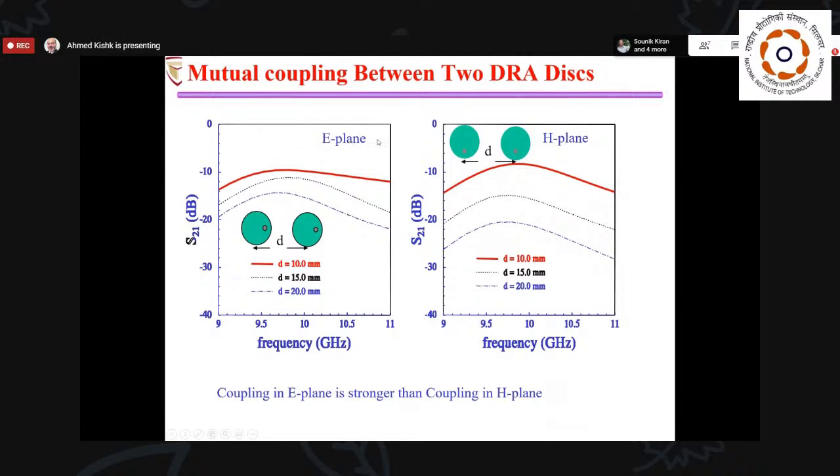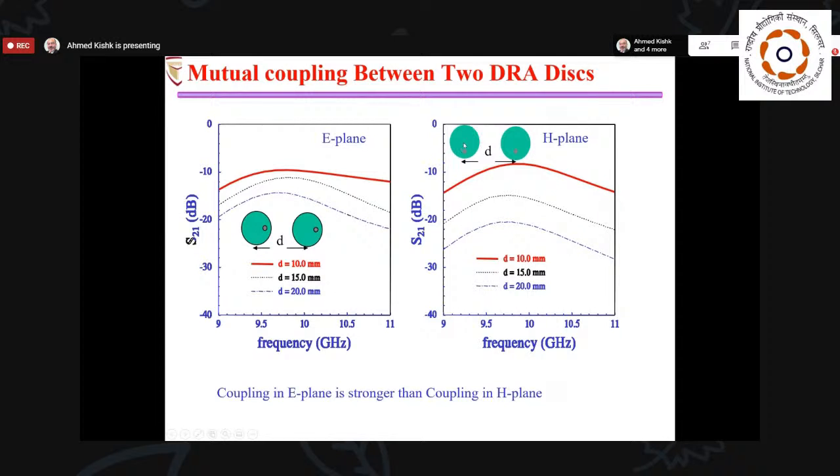And here, this is the E-plane arrangement, where the polarization is along the line between the two resonators. And here, we have looked at different center-to-center distances between the resonators. With the center frequency at 10 gigahertz, we have 10 millimeter, 15 millimeter, and 20 millimeter, which are actually equivalent to 1/3 of a wavelength, half a wavelength, or 2/3 of a wavelength.